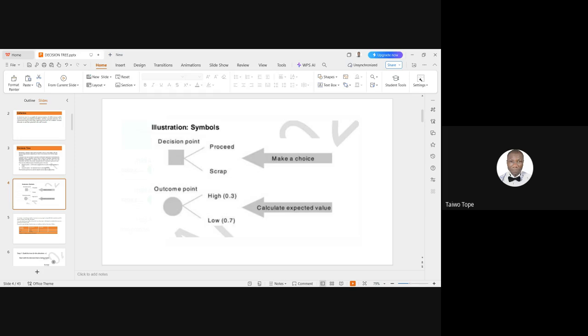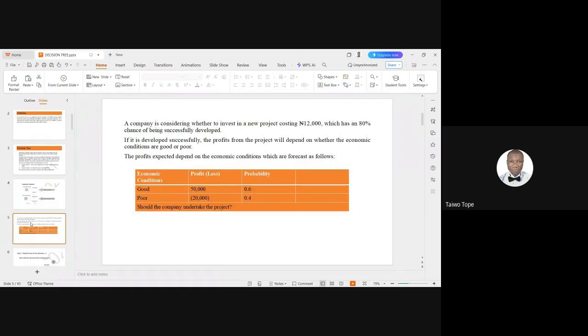Then I said you can use expected value for a chance knot. And expected value is what? How do we get our expected value? Is the profit times the probability. Yes, probability multiplied by profit, probability multiplied by cash flow, whichever the question is referring to.